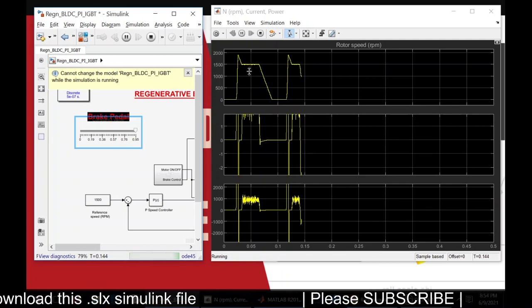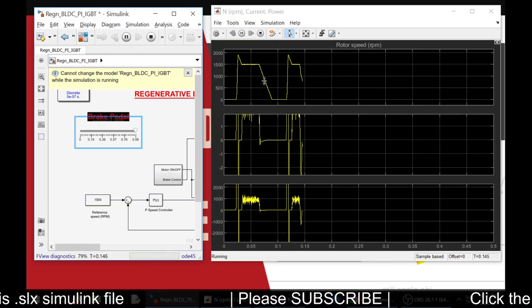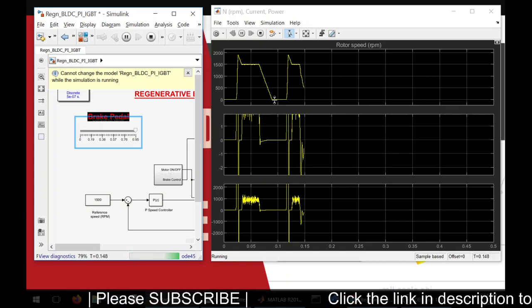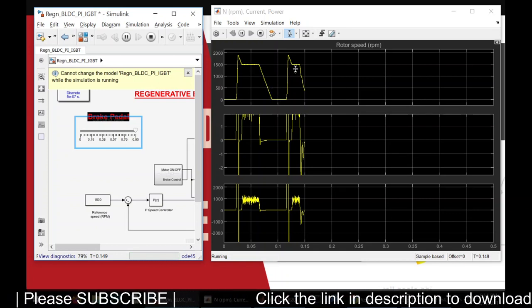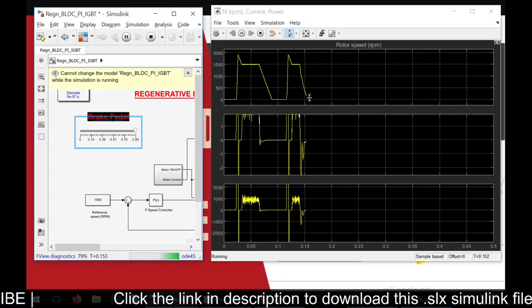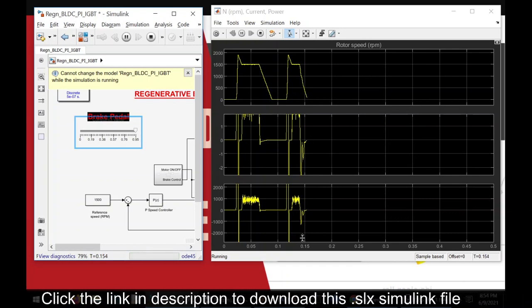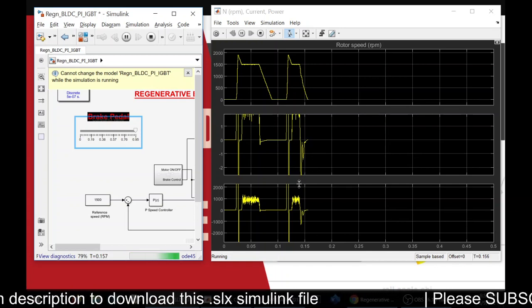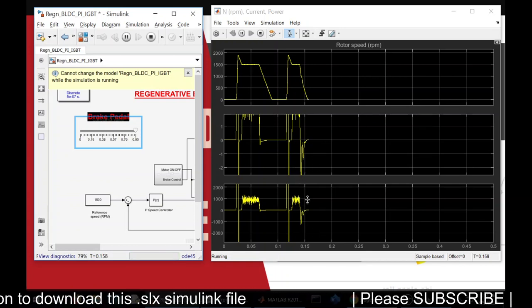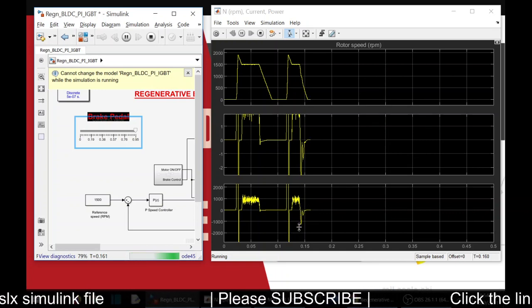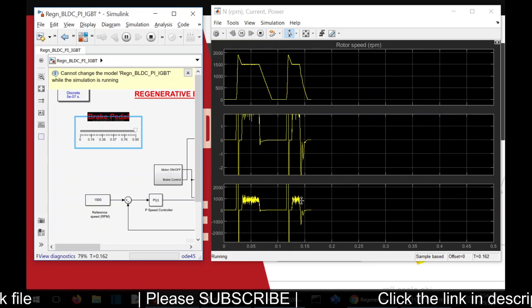You can see the difference in slope. Since I applied a mild braking in the first stage, the braking took more time to come down to zero, but here it is coming down suddenly to zero, right? Also, you can see the amount of current as well as the power generated during heavy braking. So during heavy braking, we are recovering almost all the power.